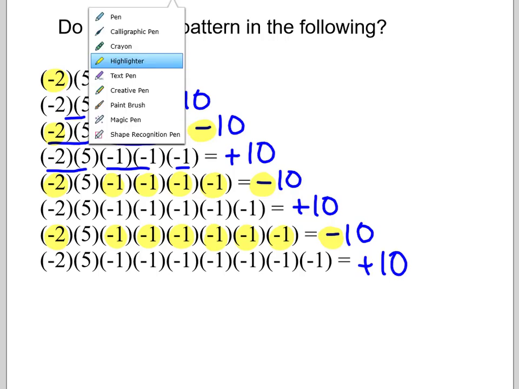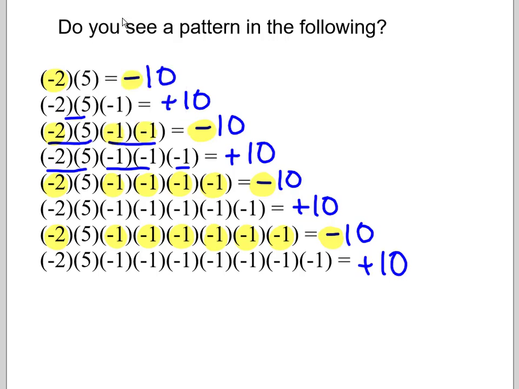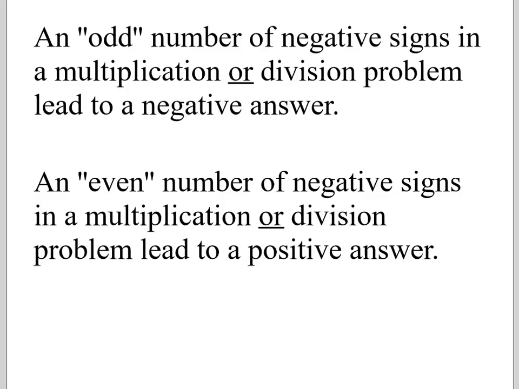So hopefully you're starting to see there's a pattern, a way we can shortcut this. If you have an odd number of negative signs in the expression, the answer is negative. If you have an even number of negative signs when we're multiplying or dividing, the answer becomes positive.